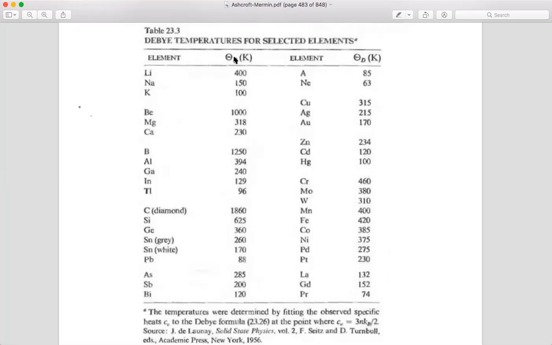So these two combining, typically, as you go down a group, the Debye frequency and the corresponding Debye temperature decreases everywhere.